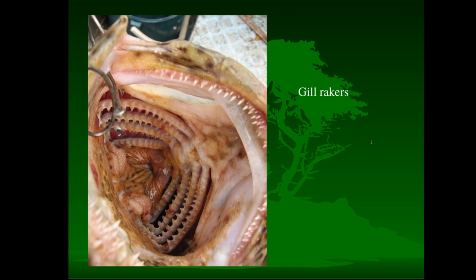Other fish feeding this way include mullet, herring, anchovy, and sharks, such as the megamouth, basking, and whale sharks. And the size and structure of the gill rakers are thought to have evolved to optimize feeding on a particular component of the plankton, a particular size of the plankton.